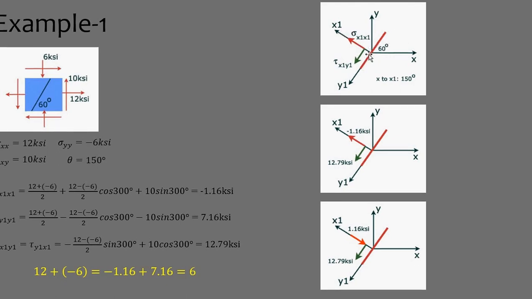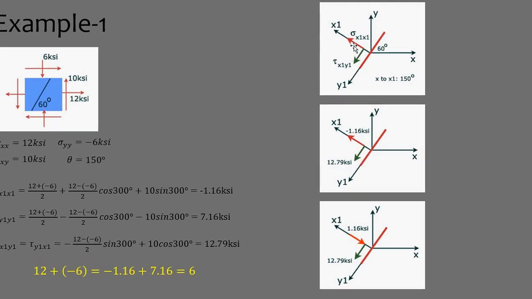So when you put x1 normal to this 60 degree plane, that makes it from x to x1 counterclockwise 150 degrees. And of course, y1 has to be a further 90 degrees from that. It's a 90-degree angle from x1, which puts it tangent to that inclined plane.